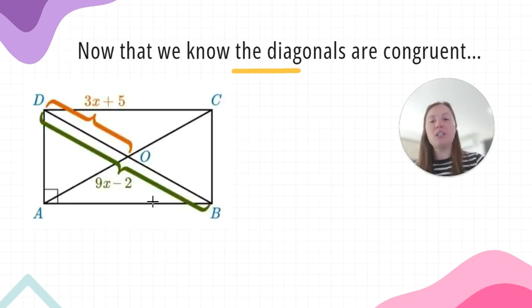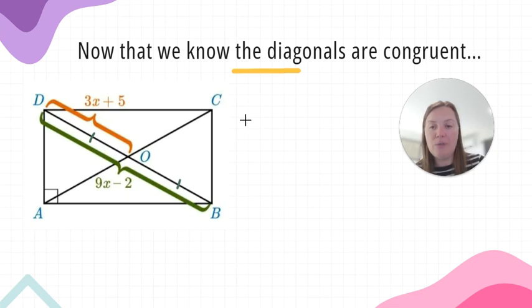But first, let's talk about how we can use this information of diagonals being congruent. How do we use this information? Well, the first thing that I know to be true is that they're bisectors, right? Our diagonals bisect each other, so that means that DO and BO are the exact same length.